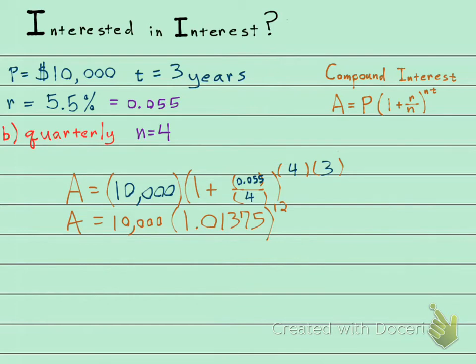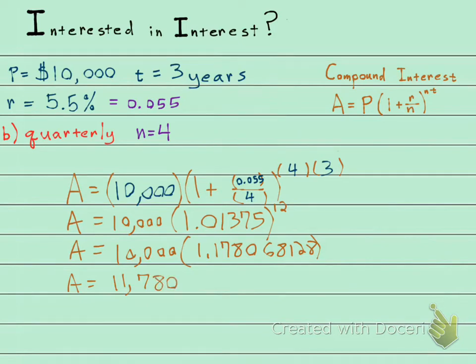So 1.01375 to the power of 12 gives me 1.178068128 times 10,000. All right. Now we have 11,780.68128.